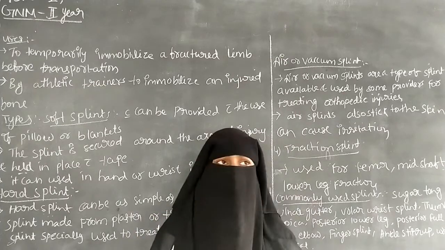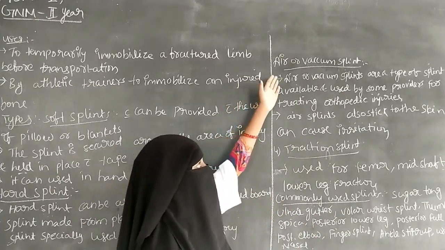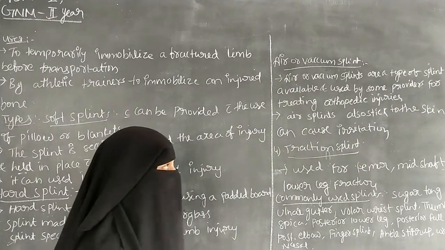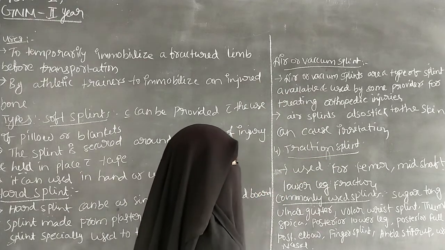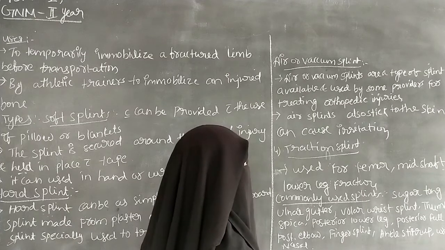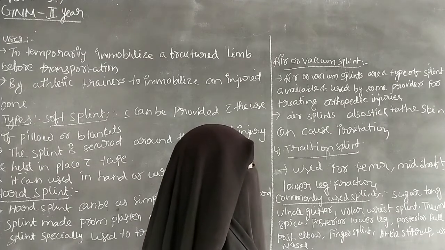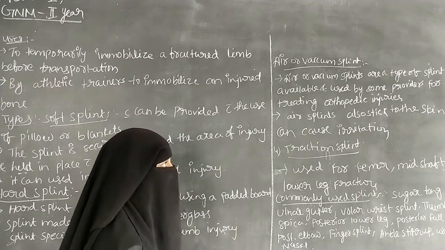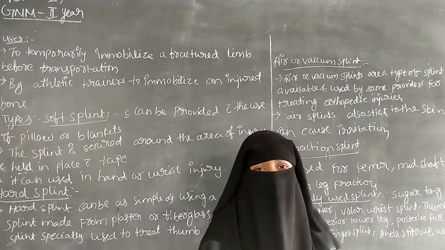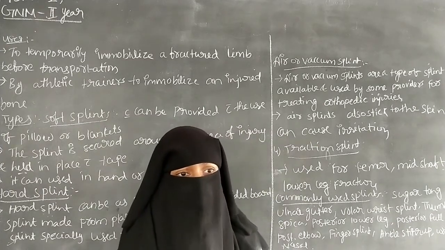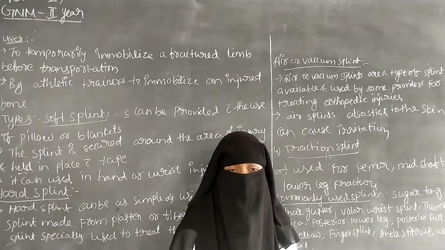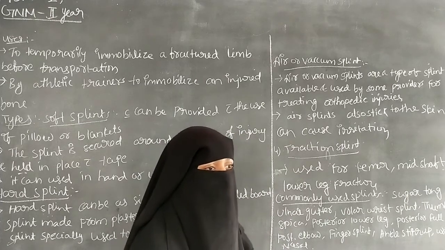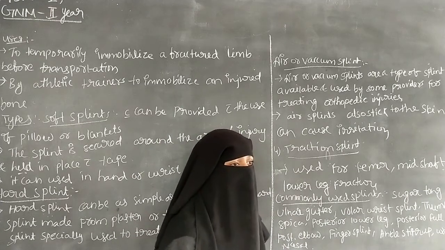So next one is the air or vacuum splint. Air or vacuum splints are a type of splint available and used by some providers for treating orthopedic injuries. It is used very rarely, for fractures or damage to the joints.